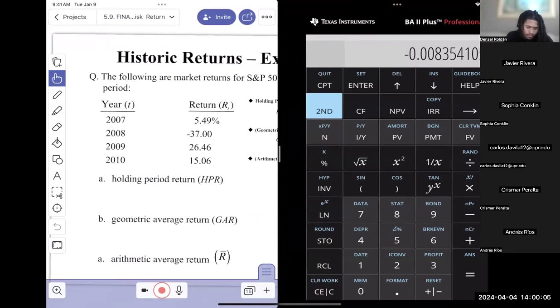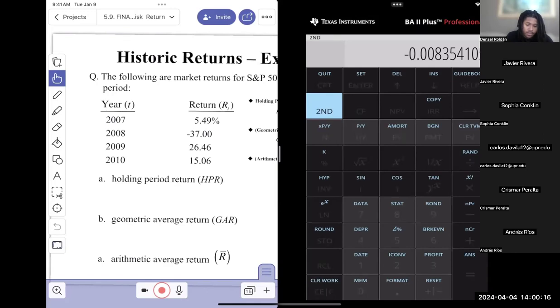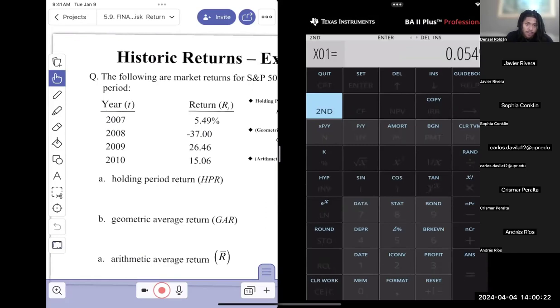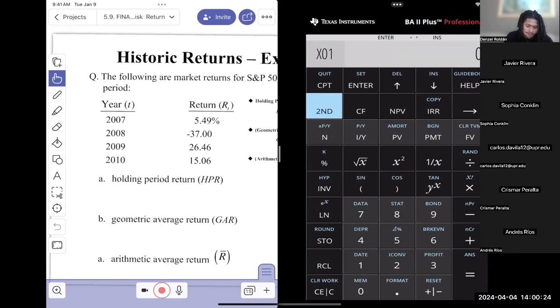How do we do that? Let's remember, this is just one variable. We can enter it into stat mode. So second data, there's something there, so I need to clear. So I'm clearing out my worksheet and beginning to enter figures.